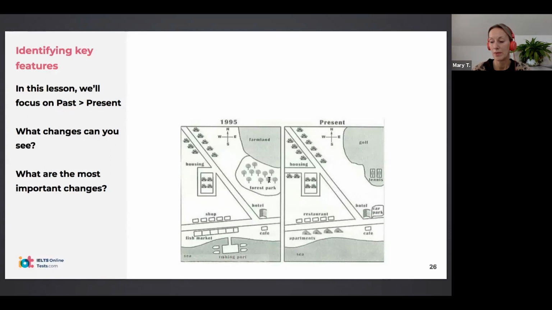Yeah, increase the number of houses. That's right. More housing. So that's a major change. Yeah, anything else you can see? Fishing port is gone. Yes. Okay, so we've got most of them there. How could you group these changes together? Because obviously there are quite a few.